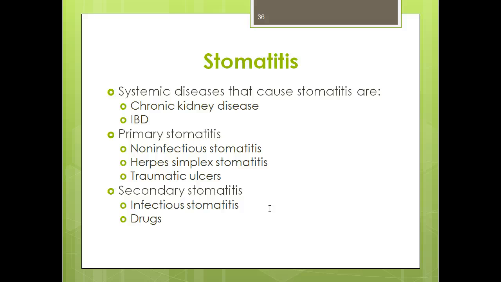Secondary stomatitis is infectious stomatitis, and it also comes from drugs. What you need to be able to distinguish is the primary stomatitis, which is the most common type, like a simple herpes simplex, and traumatic ulcers that people get from things like chemotherapy.